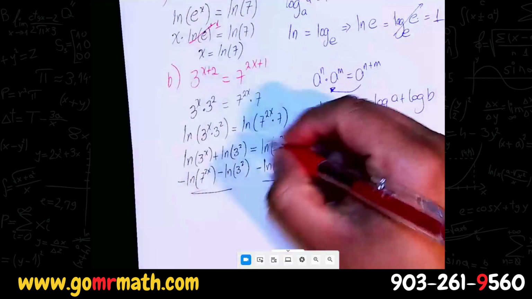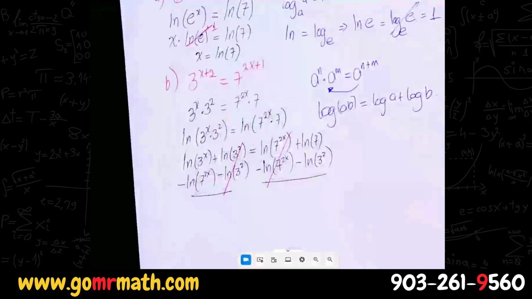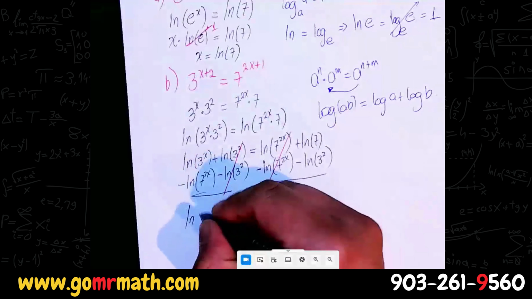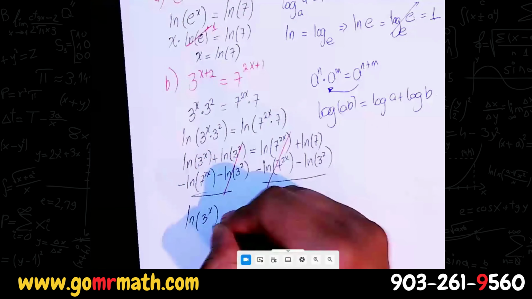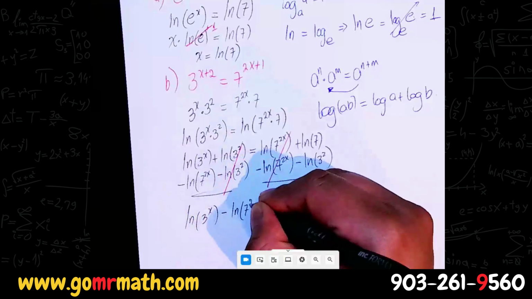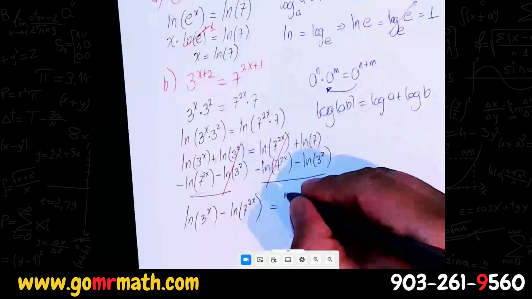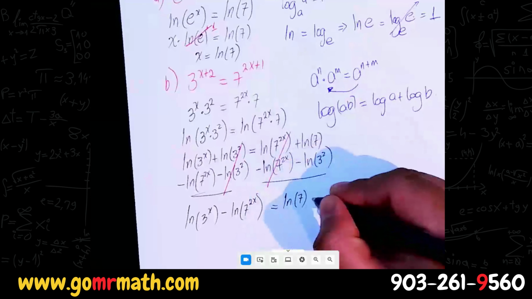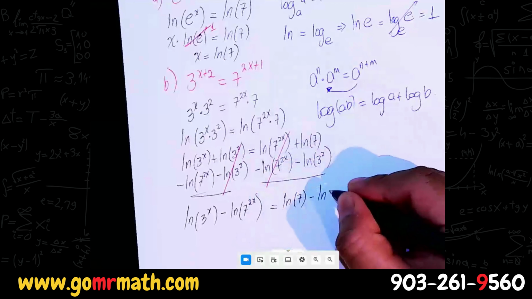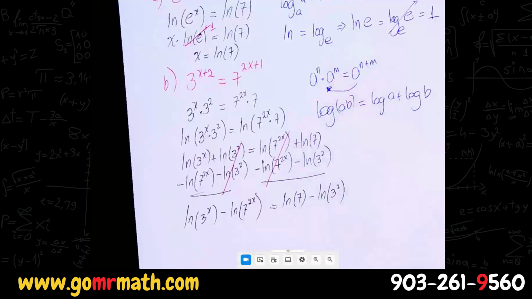So this expression is going to cancel out, and this expression is going to cancel out. What do we have? We have the natural logarithm of 3 to the x minus the natural logarithm of 7 to the 2x equals the natural logarithm of 7 minus the natural logarithm of 3 squared.